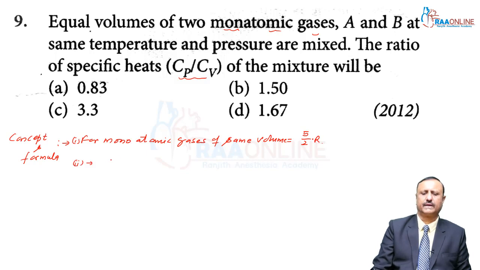Now, my dear students, we can see what is Cv. Cv is equal to 3 by 2 into R. Now we can see the ratio Cp upon Cv.